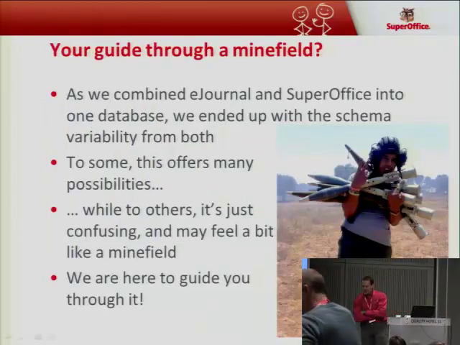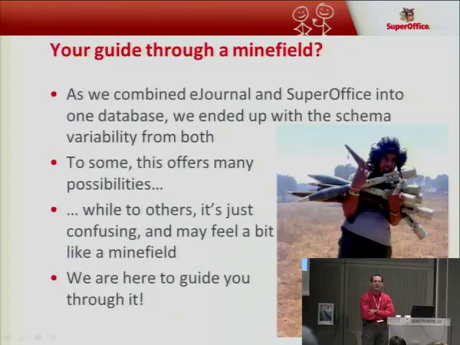Now, as we combined customer service and sales and marketing into one database, we found out that this was actually surprisingly easy. Those two database schemas overlapped in only a very few places, and in those places they overlapped in a way that we could add a few fields here and there, and bang, we had just one database.